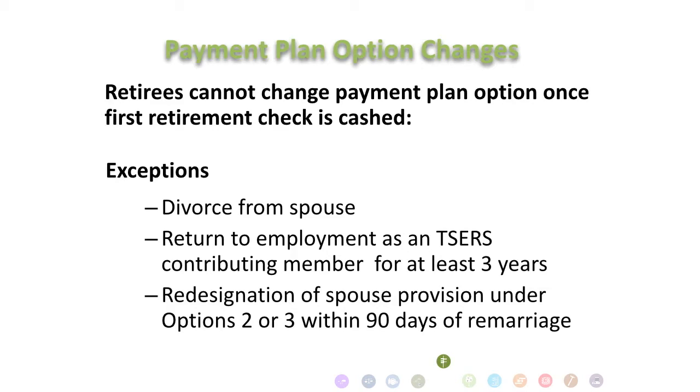Now, this is not available with options 6.2 and 6.3 because upon the death of your beneficiary, you will experience a payment change where your benefit pops back up to the maximum.